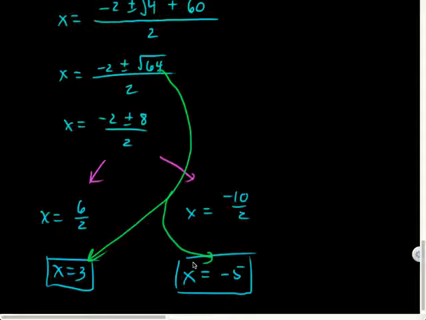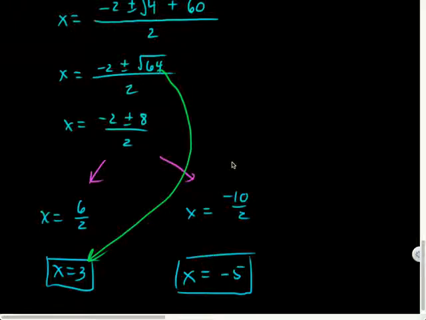Now in this case I agree they didn't have fractions in them, they were integers. However, sometimes they could be, for instance, what if this 8 was like a 9 or something, and then this would have been like 7 halves and negative 11 halves. Those wouldn't have simplified, but they still would have been rational.